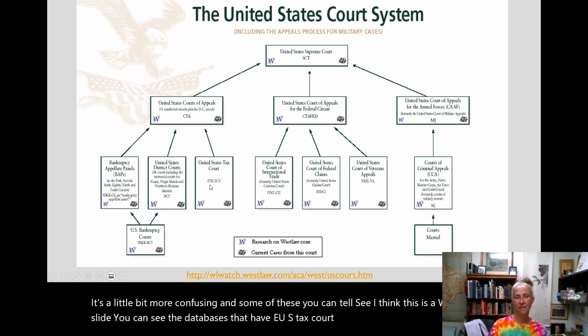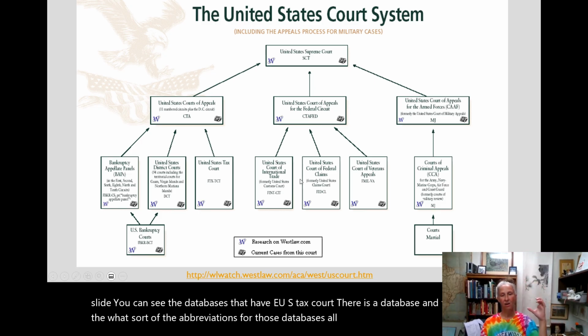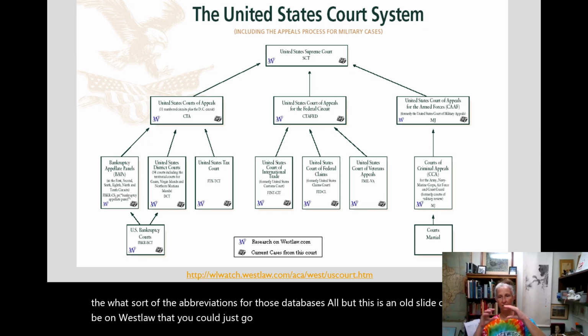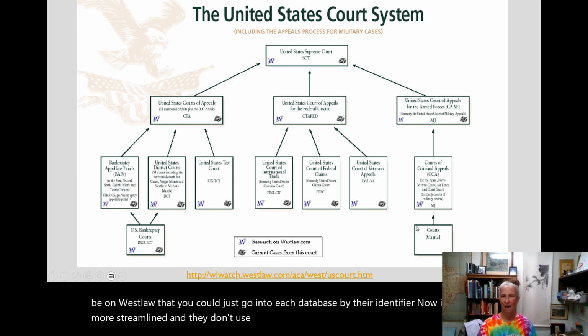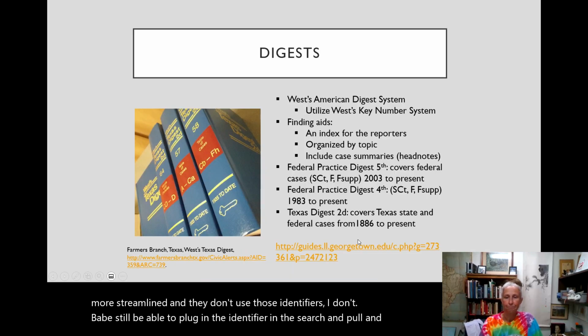There's a database, and these are the abbreviations for those databases. This is an old slide. It used to be on Westlaw that you could just go into each database by their identifier. Now it's a little more streamlined, and they don't use those identifiers. You may still be able to plug in the identifier in the search and get there.